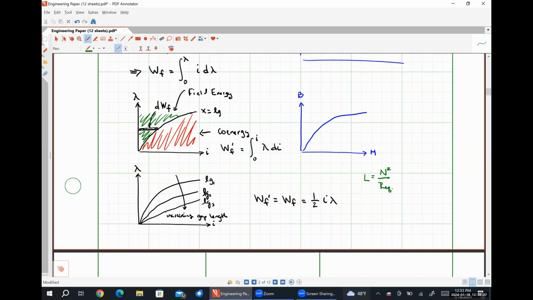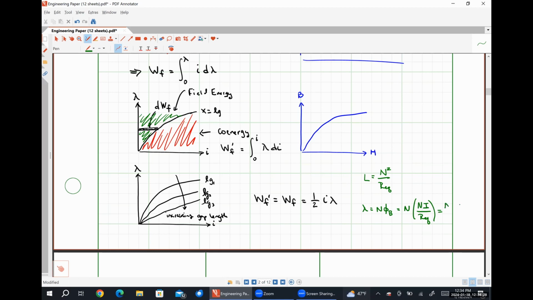Well, the equivalent reluctance is related to our flux linkage. So our flux is N times Ni over Req.